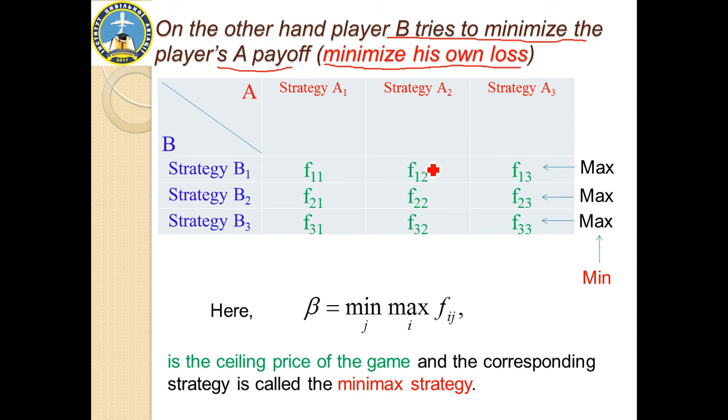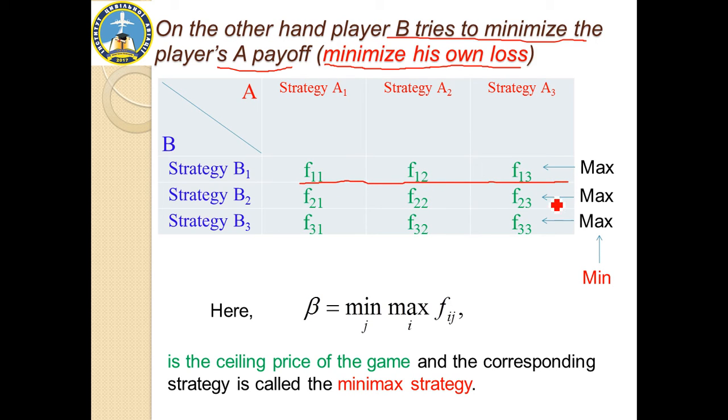Depending on the moves available to player A, he can only consider his worst case scenario, which is the maximum losses in every row of this payoff matrix.